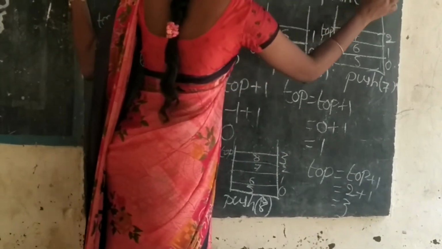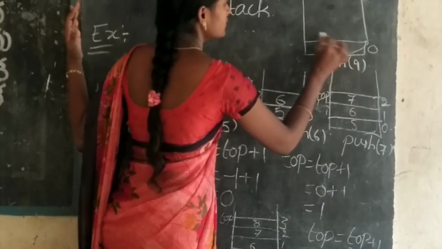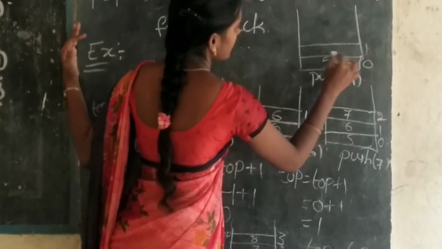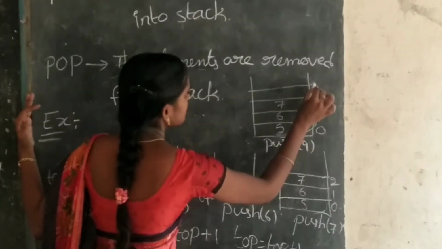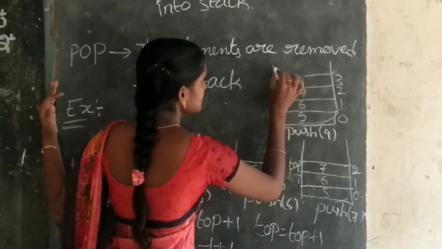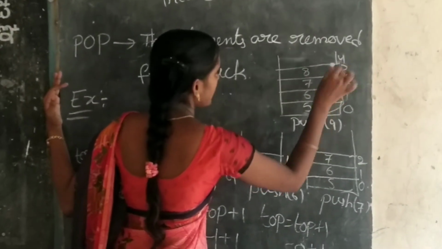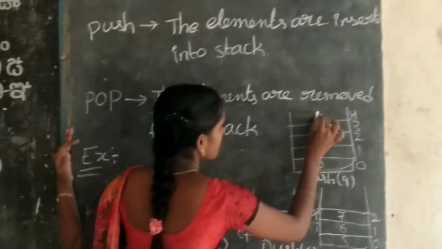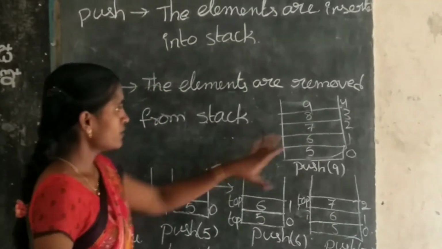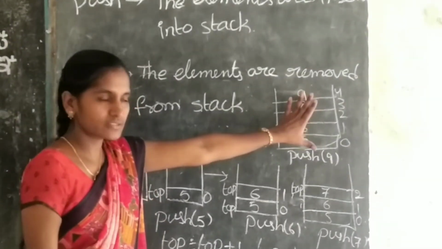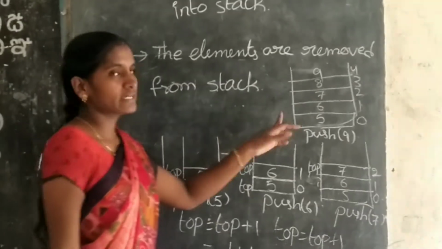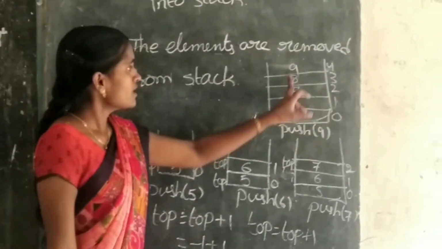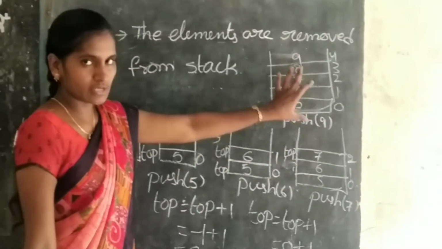Now 0 has 5, 1 has 6, 2 has 7, 3 has 8 and 4 has 9. Here 5 elements are inserted into the stack because we took an array of 5. That's why we have taken 5 elements.